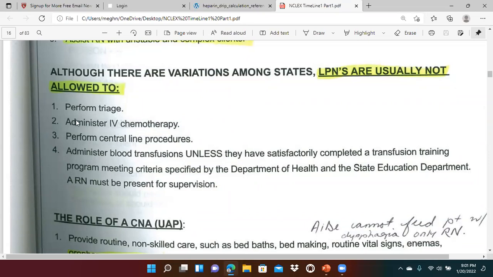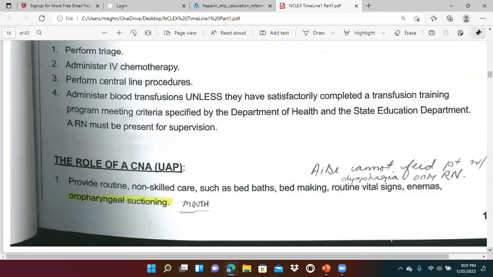Also, LPNs are not allowed to administer IV chemotherapy, perform central line procedures, or administer blood transfusions unless they have satisfactorily completed a transfusion training program and meet the criteria set by the Department of Health and State Education Department, right? An RN must be present for supervision if the LPN goes for a blood transfusion.